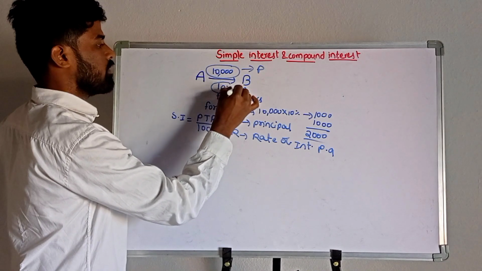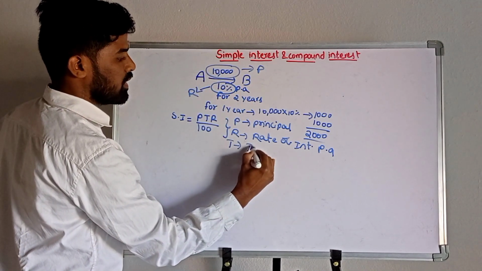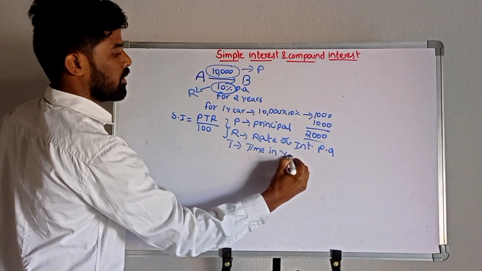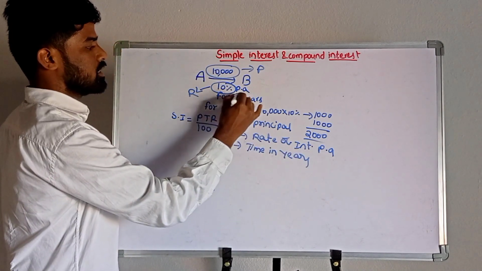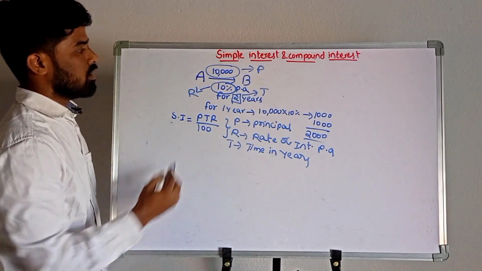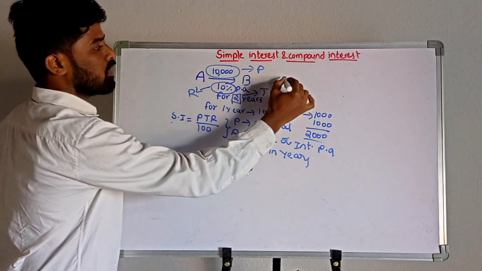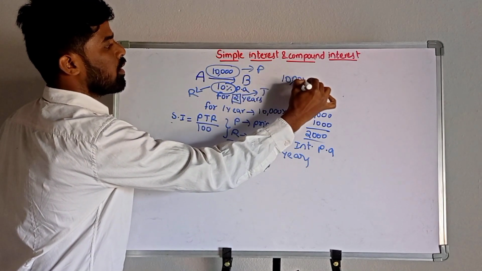Here rate of interest is 10%. T is time in years. Here T is 2 years.